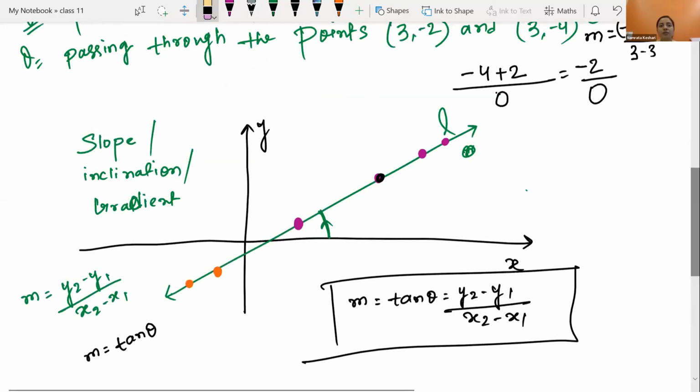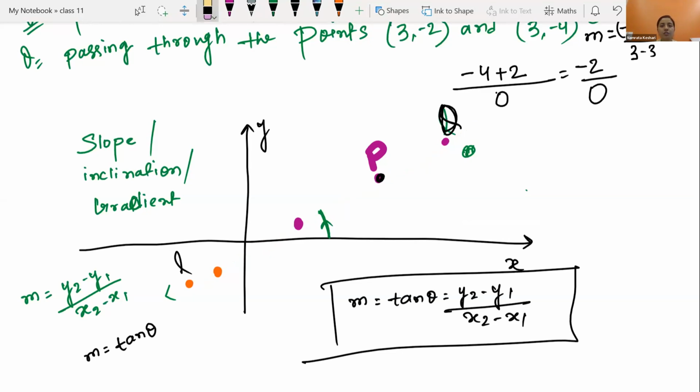So here we already have the coordinate axis, and if we have to find the slope of this line, suppose here is a point P and this is a point Q. Of course the name of the line is L. This is point P, that is point Q, and we are trying to find the slope by using just these 2 points, P and Q. We know the coordinates of P, we know the coordinates of Q, and we are trying to find the slope.